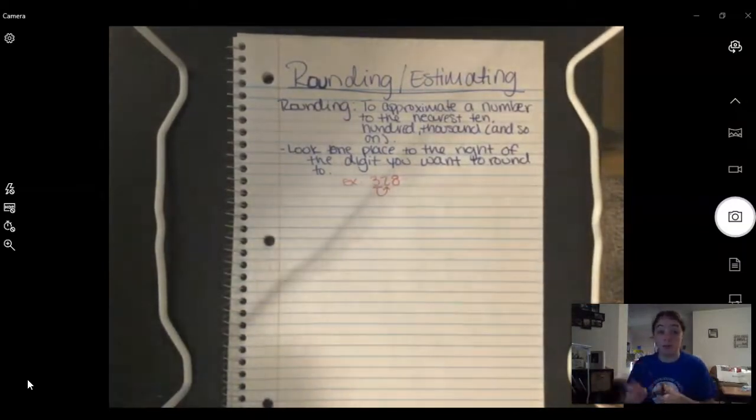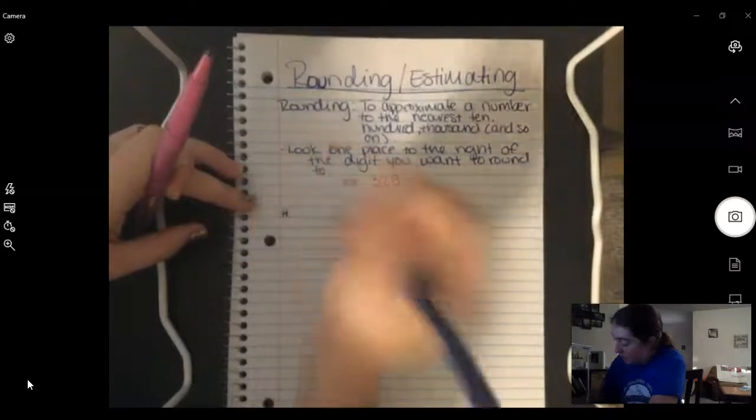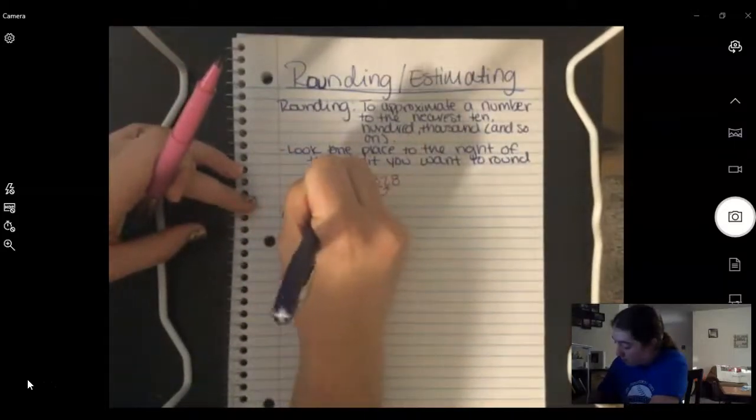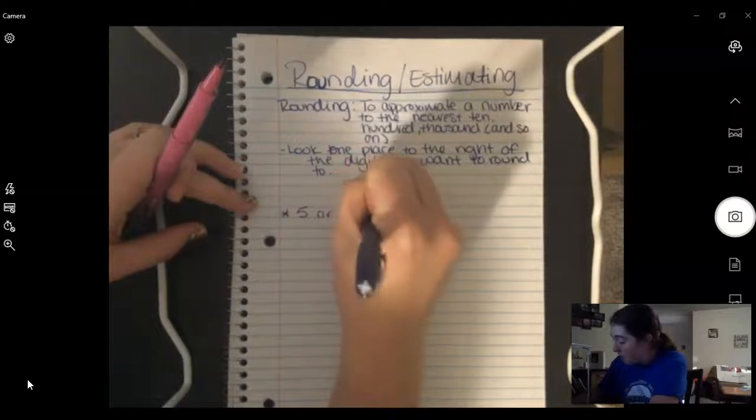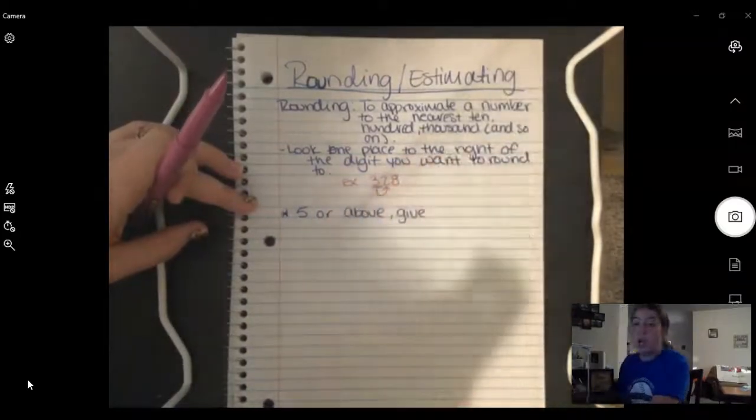But what's our rule? Rounding rules are, okay, if the place value to the right is 5 or above, we give it a shove, which means we go up.